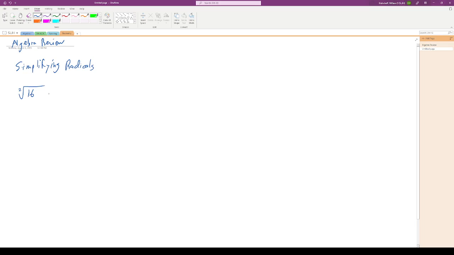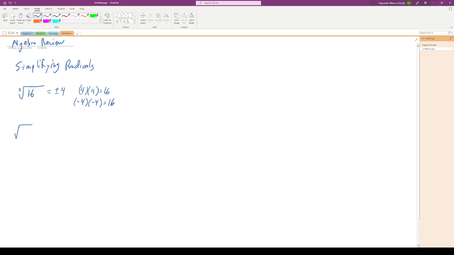In this case, it would be plus or minus 4, because if I do 4 times 4, I get 16, and if I do negative 4 times negative 4, I also get 16. So this symbol, the radical, is assumed to have an index of 2 if it's not written.